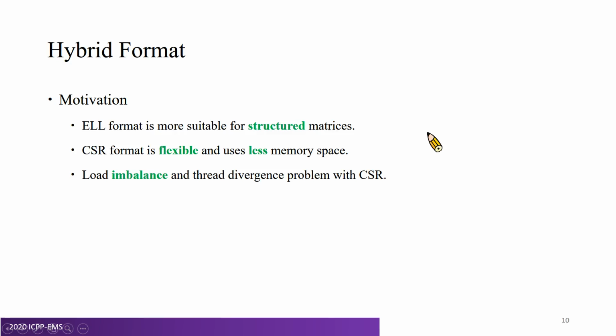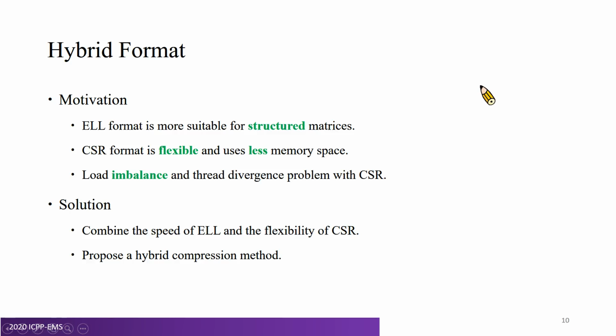However, we find that each format has its pros and cons. For example, the ELL format can give better performance than the CSR format with structured matrices. So we hope to develop a more general and computationally faster format.